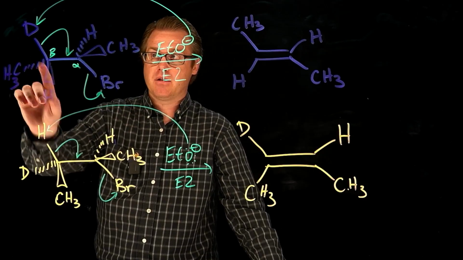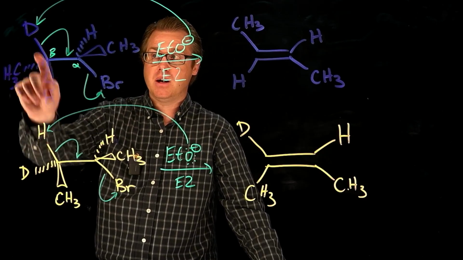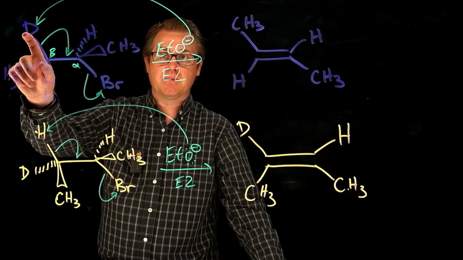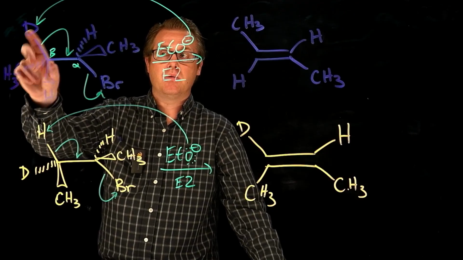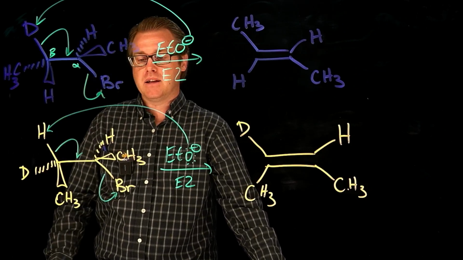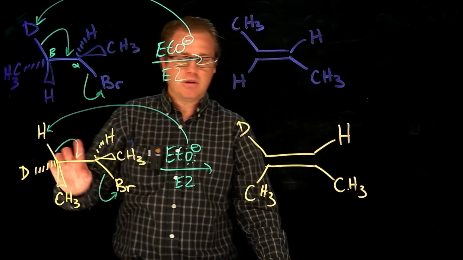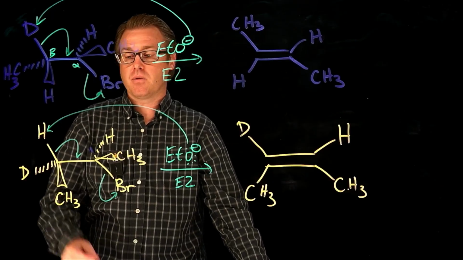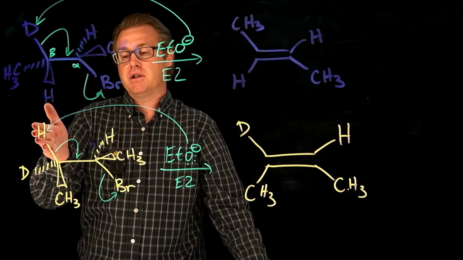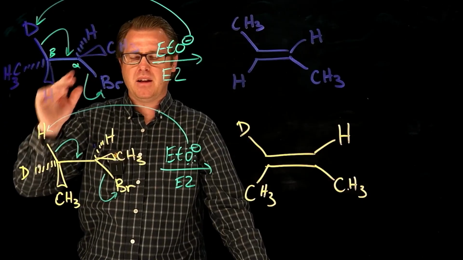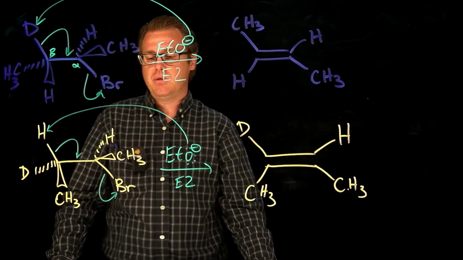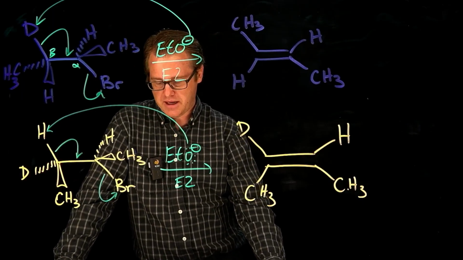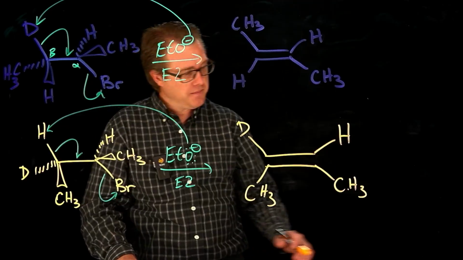But in this particular case, we have two protons that can be abstracted. And so you rotate around that single bond to take a look at which hydrogens, deuterium and hydrogen, same thing, you can get into the anti-periplanar conformation.